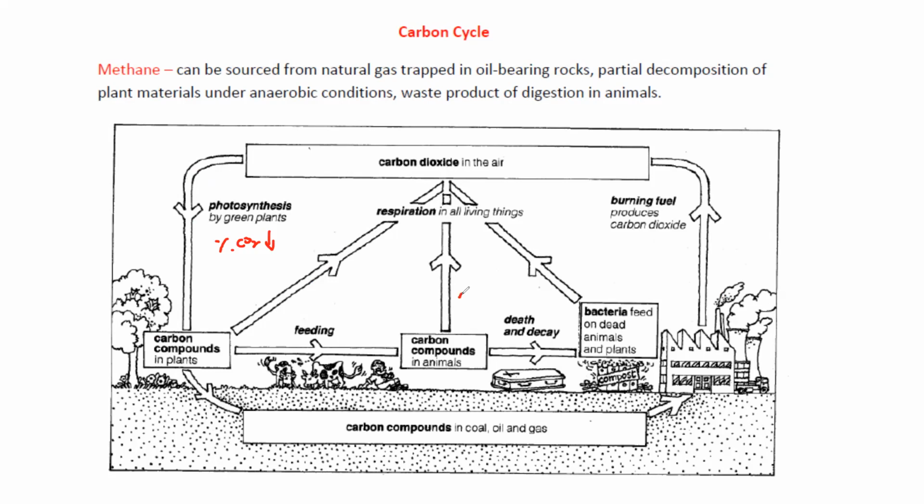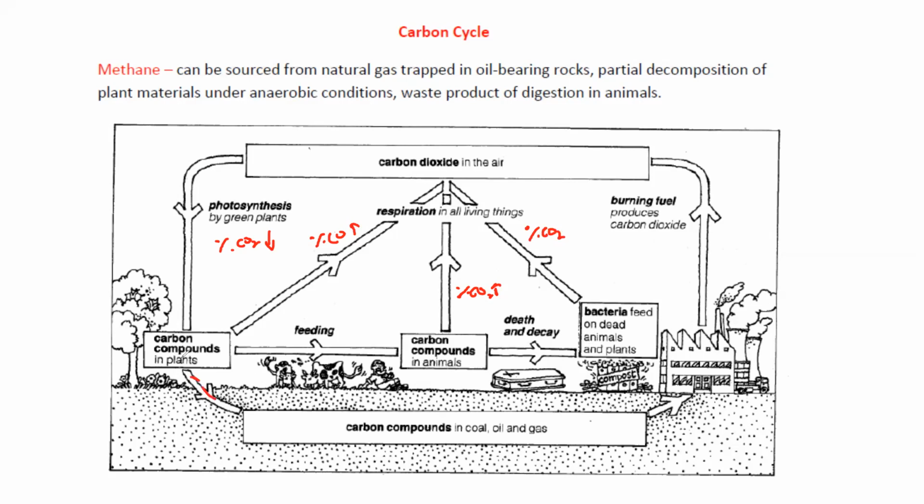So because of respiration, the percentage of carbon dioxide in the atmosphere will increase. The plants also respire at night, so they also increase the amount of carbon dioxide. Or when the animals or plants die, the bacteria feeding on the dead animals or plants will also release carbon dioxide to the atmosphere.